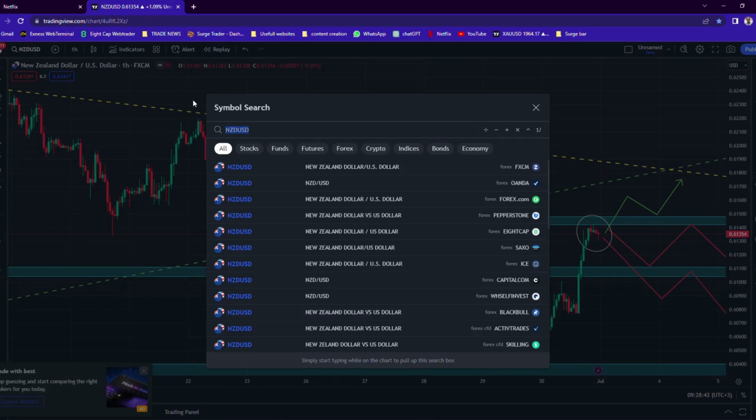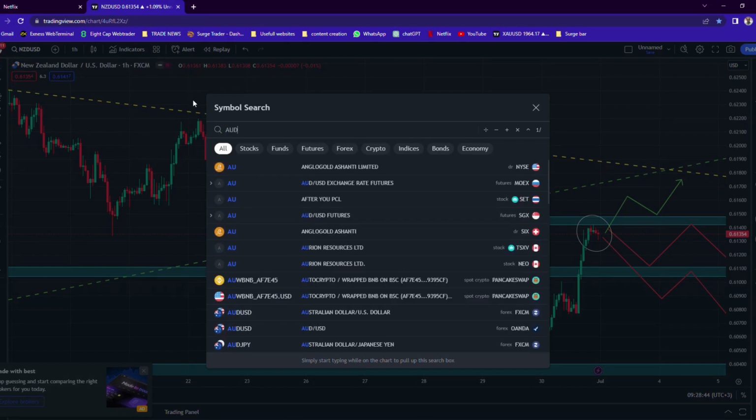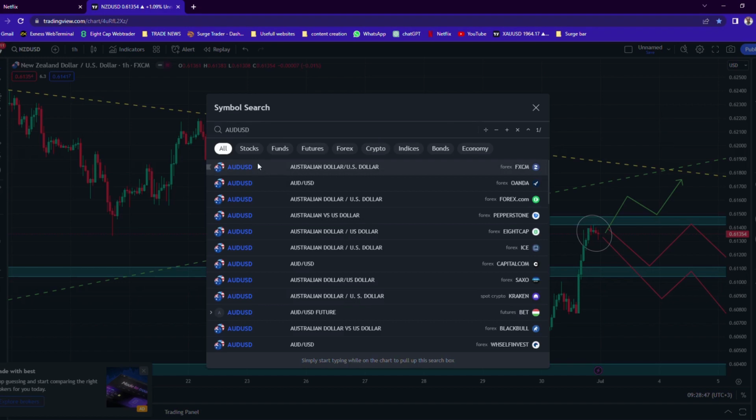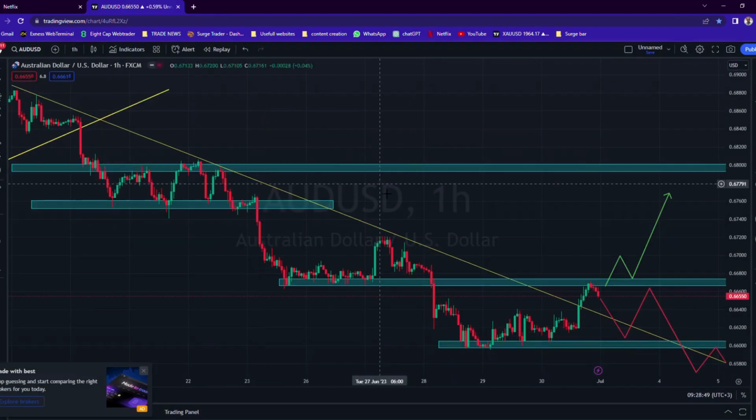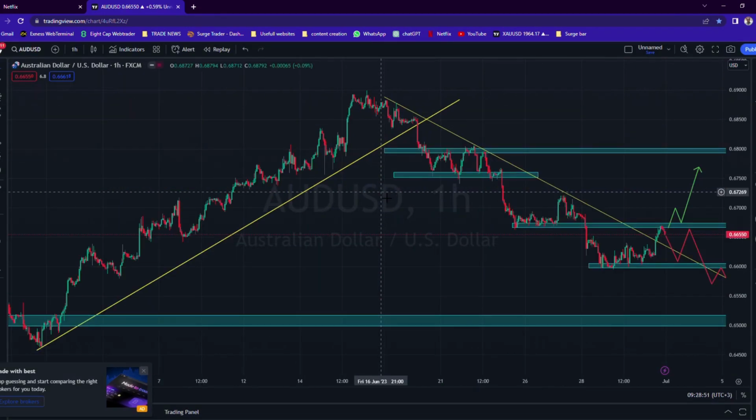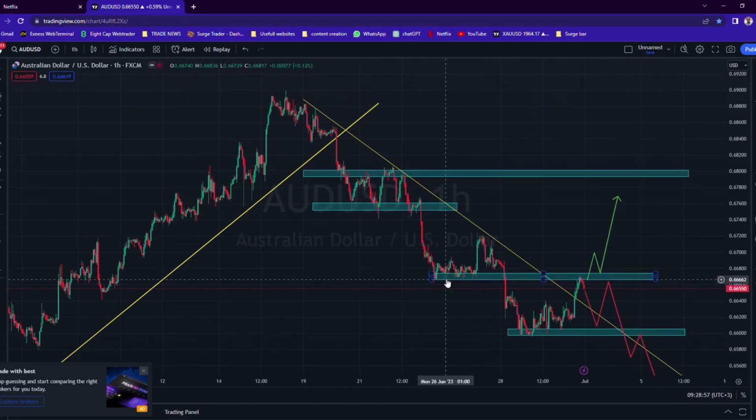So let's move on to AUD USD. AUD has already got a strong downward trend, and right now this support right there around 0.66 is holding.